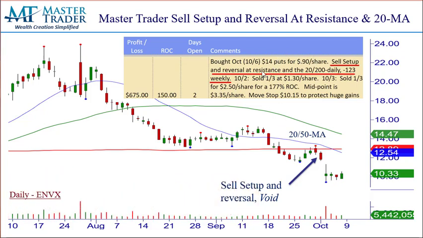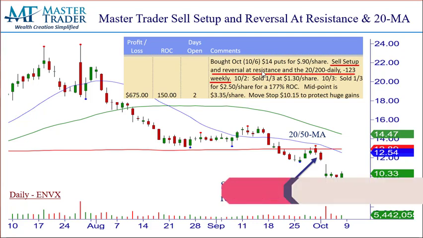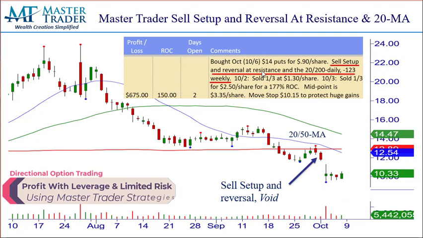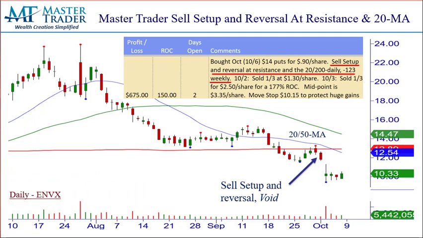In this case, we buy call and put options when they are liquid because of the benefit of leverage and limited risk. And the majority of the time, the loss is less also than trading the underlying. The technical setup, as we're discussing, sell setup, reversal at resistance, at the 20 period and 200 period moving average.